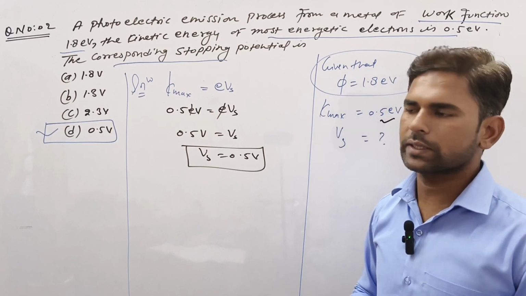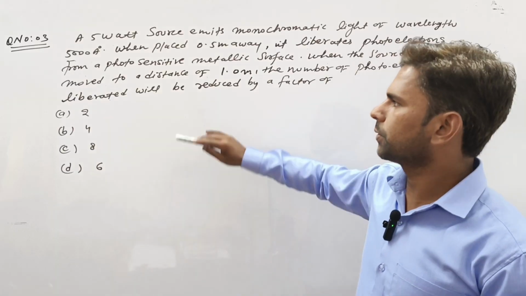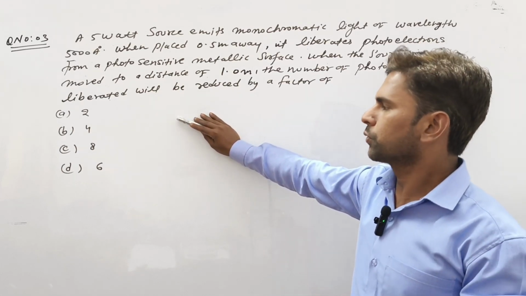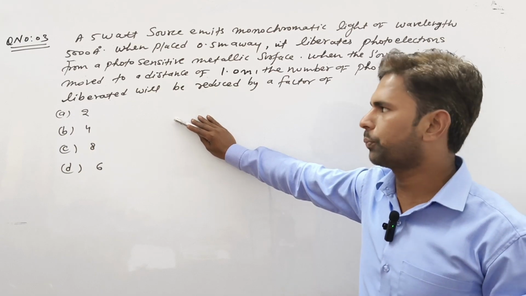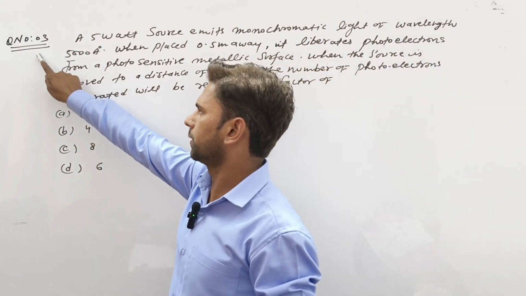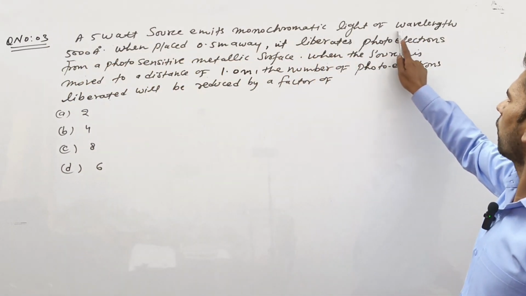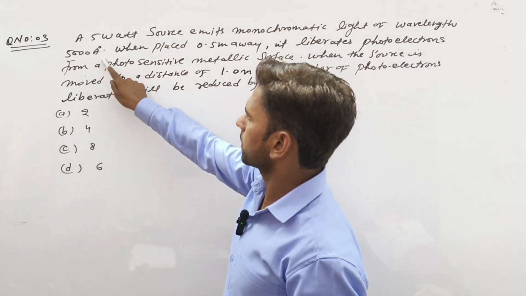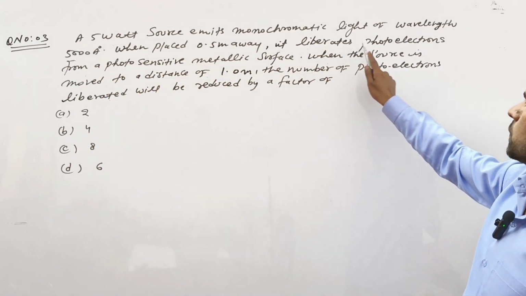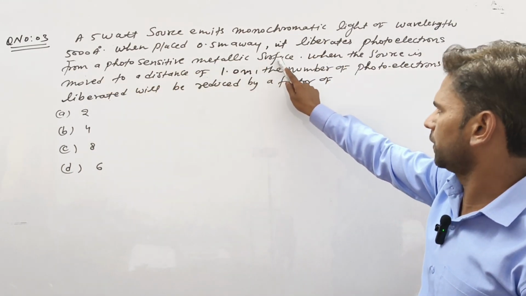Now we are going to discuss question number 3 from the same chapter, dual nature of radiation and matter. This question is also important, so please read it carefully, after that we will solve. Question number 3: A 5-watt source emits monochromatic light of wavelength 5000 angstrom. When placed 0.5 meter away, it liberates photoelectrons from a photosensitive metallic surface.